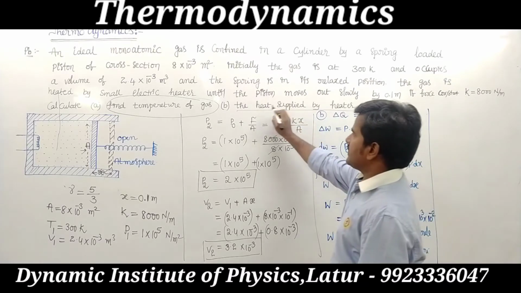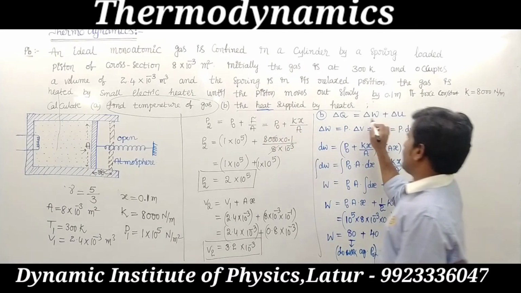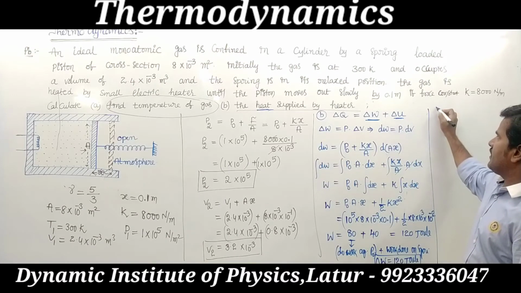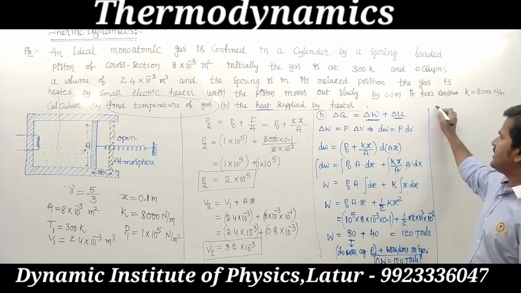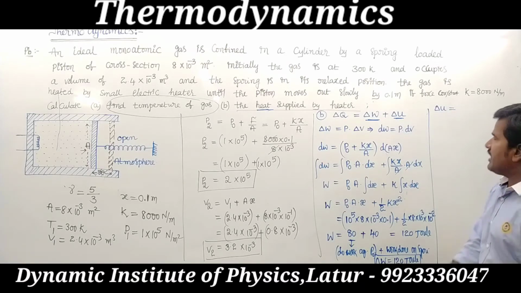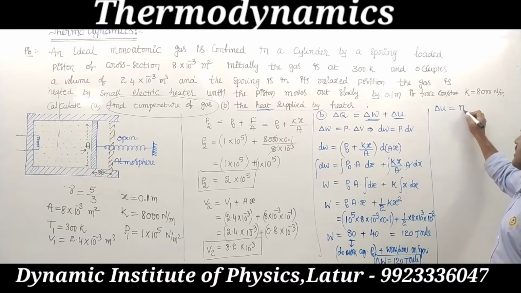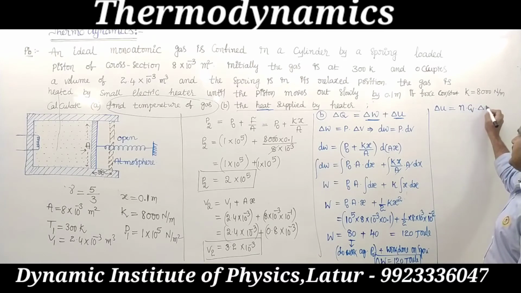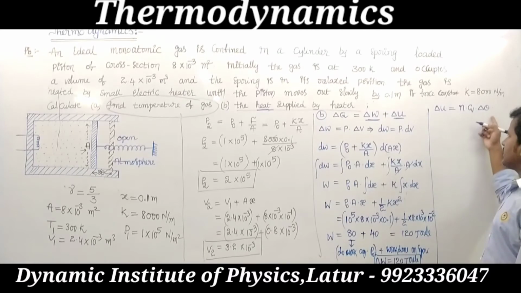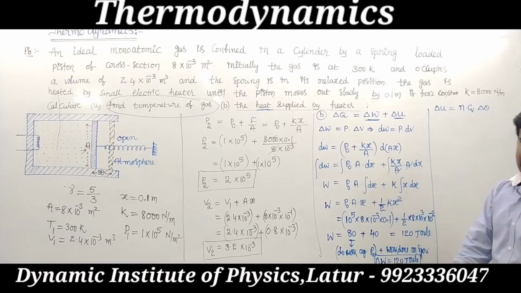Again, we want heat, so we know the work done, now we find the internal energy. So internal energy delta U is written as n Cv into delta theta, that is nothing but internal energy.